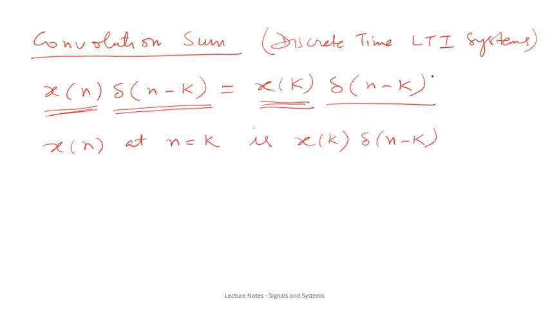You can see here that the time shifted impulse is coming here, but it has the amplitude equal to this x(k). So x(k) is nothing but the value of x(n) at n equals to k. This is the location of the impulse, and this will be the amplitude of the impulse x(k).